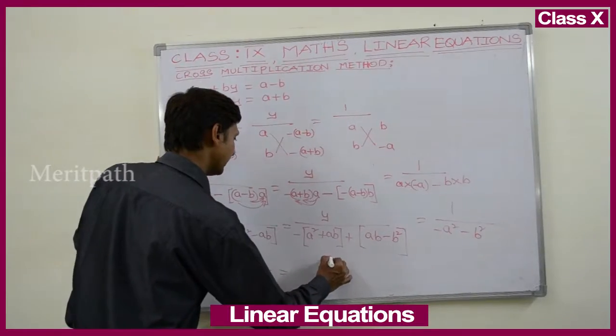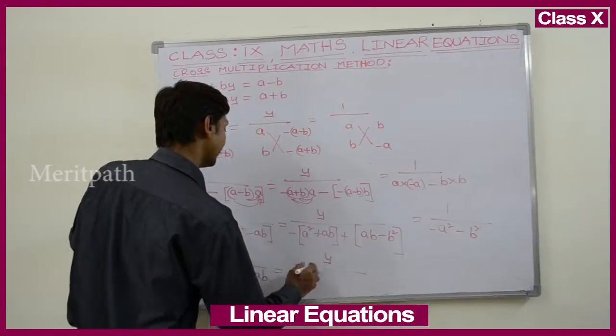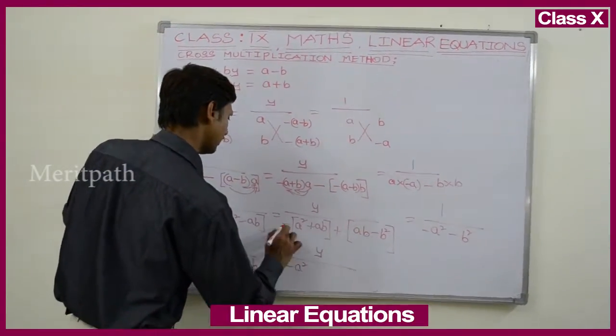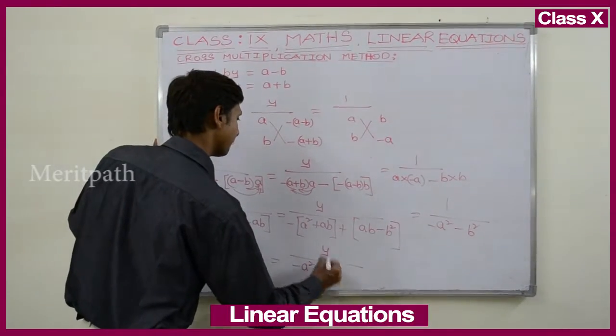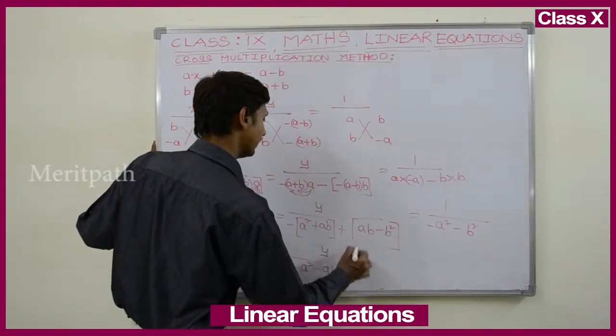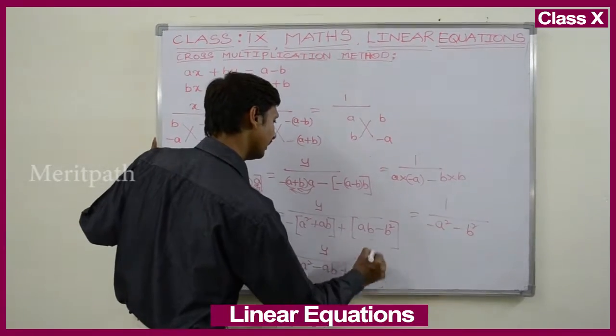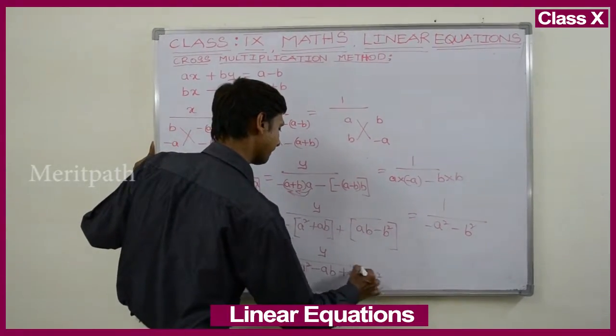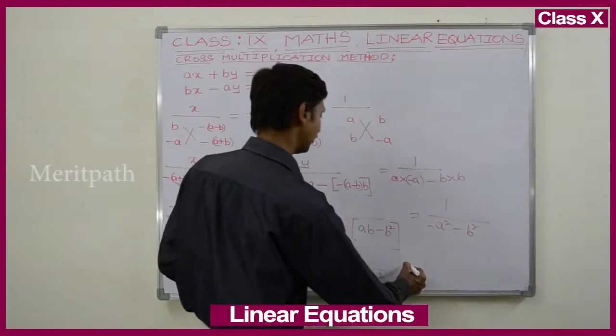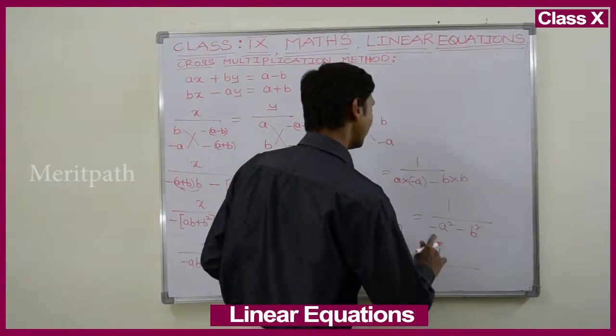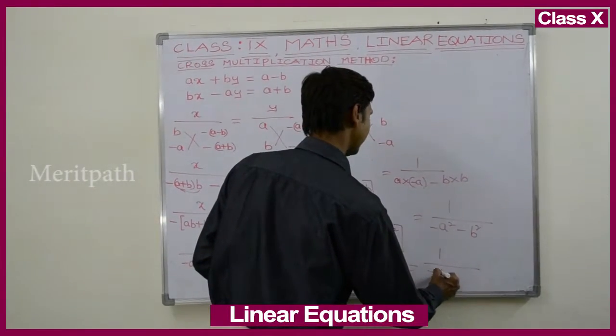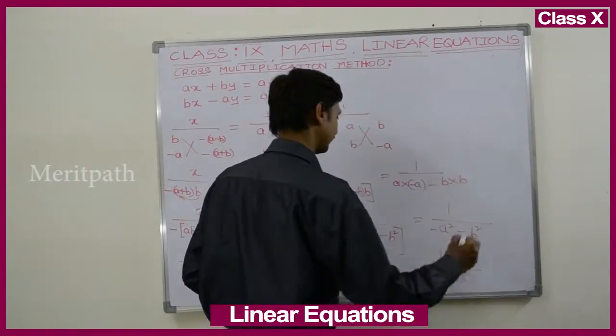Here, when we multiply with minus, minus into plus, minus a square, this is minus ab, this is plus, symbols will not be changed. ab minus b square equals to 1 by minus a square minus b square.